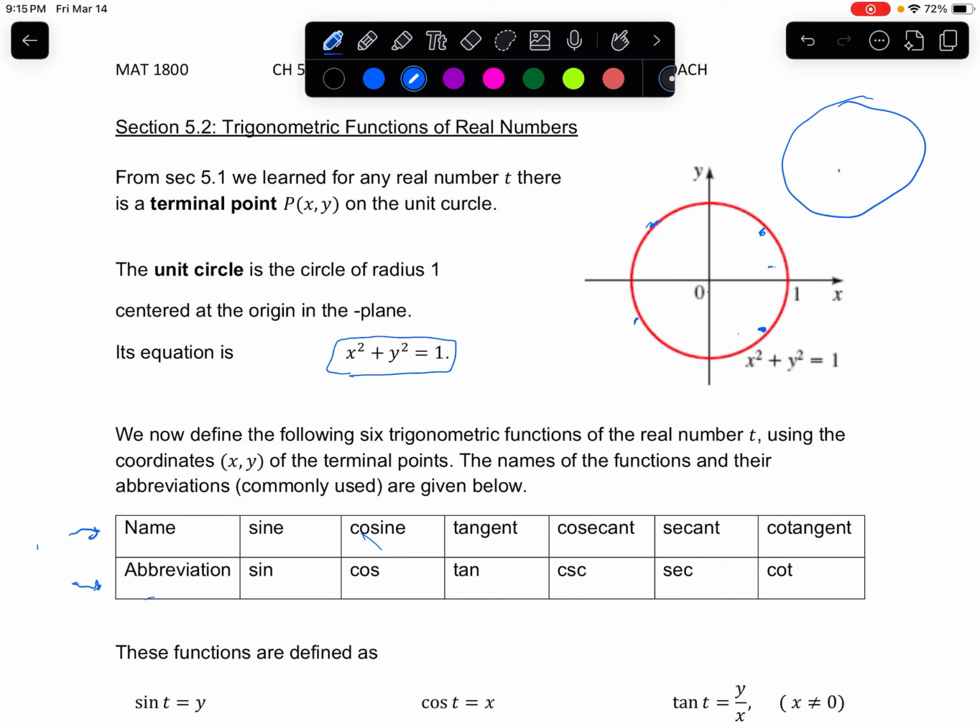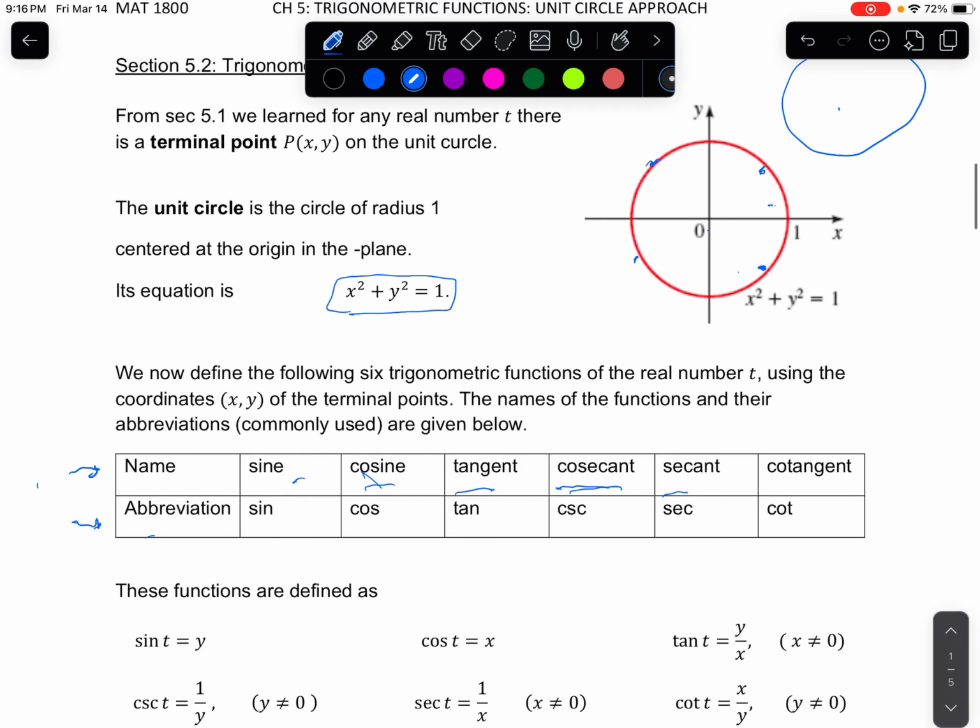The names are sine, cosine, tangent, cosecant, secant, and cotangent. Basically, the abbreviations are the first 3 letters of the name, except for cosecant, because the first 3 letters would be cos, which is already taken. So we have a different abbreviation for the cosecant function.